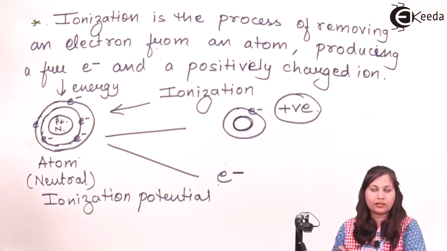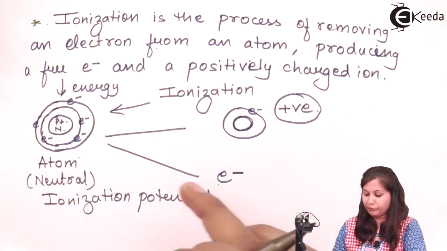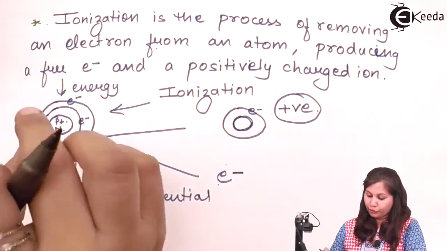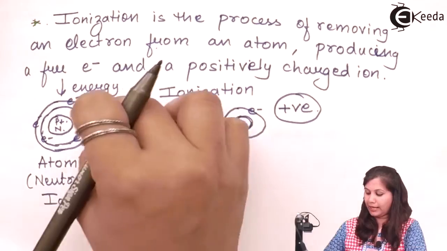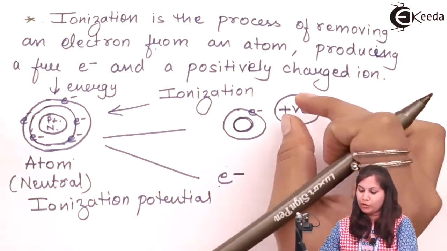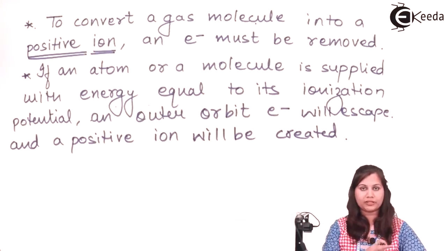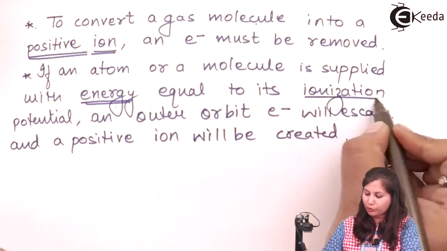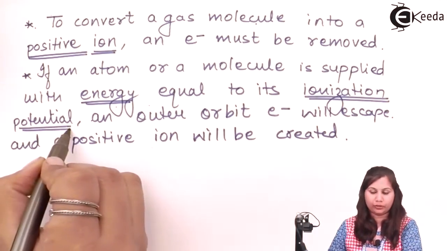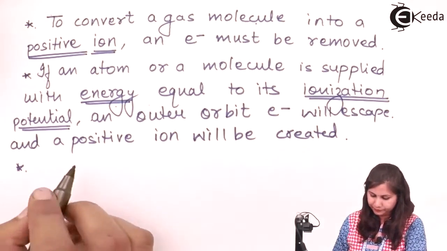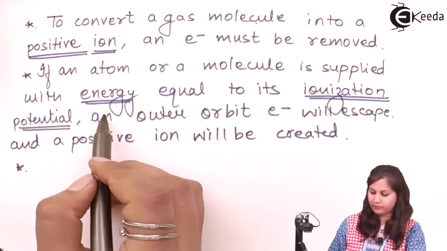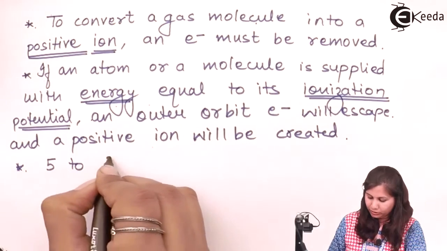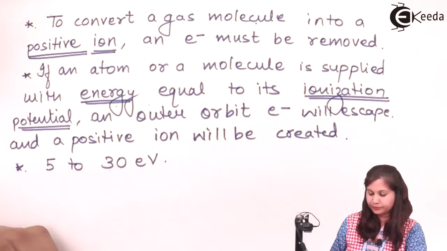Out of those electrons, one electron will be removed because we have supplied an energy equal to the ionization potential. Due to that process, a free electron and a positive ion will be generated. So a gas molecule will be converted into a positive ion and a free electron by providing an energy equal to its ionization potential. Now the approximate value of this ionization potential is 5 to 30 electron volts.